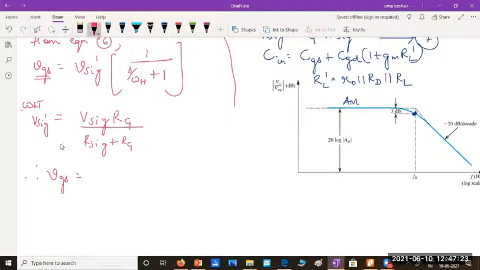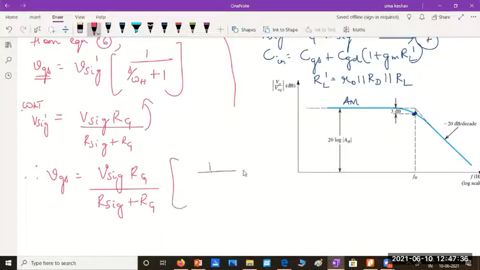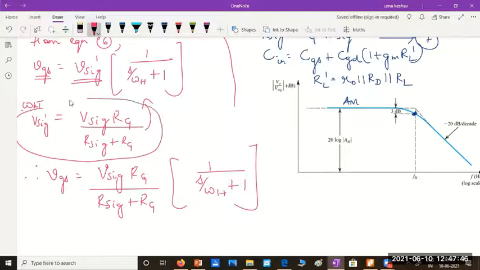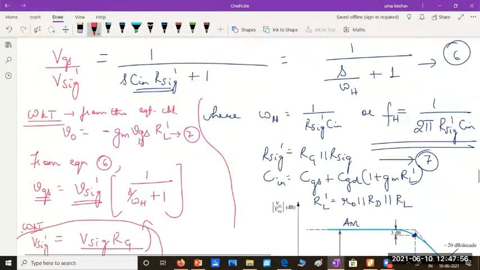VGS here, I'll substitute this. You will get V sig into RG by R sig plus RG into 1 by S by omega H plus 1. So in place of V sig dash, I am substituting this whole thing. We know V sig dash is given like this. And last step, I'll call this equation 8.